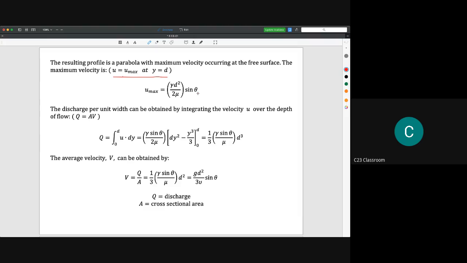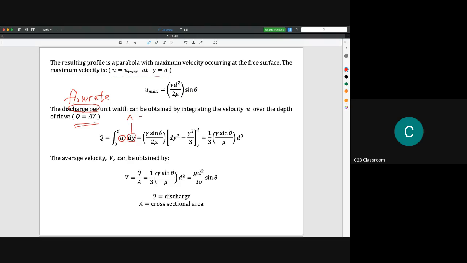And then if you want to calculate the discharge, discharge here is actually flow rate. So the idea is Q equals AV. So the Q here, we are integrating u times dy. U here is the velocity, and dy here actually represents the A, the cross-sectional area.